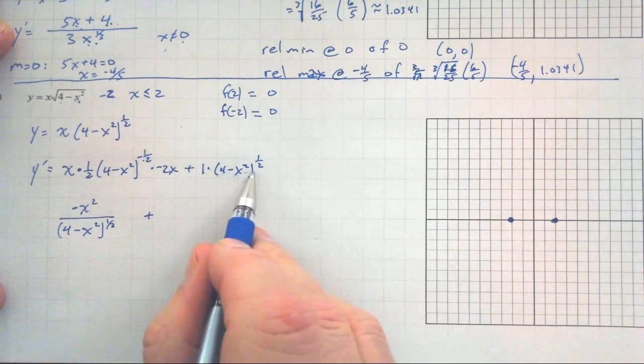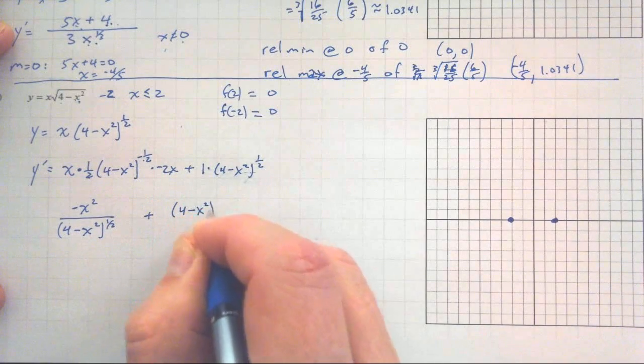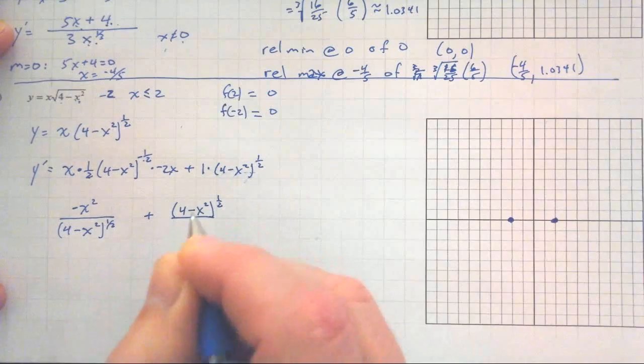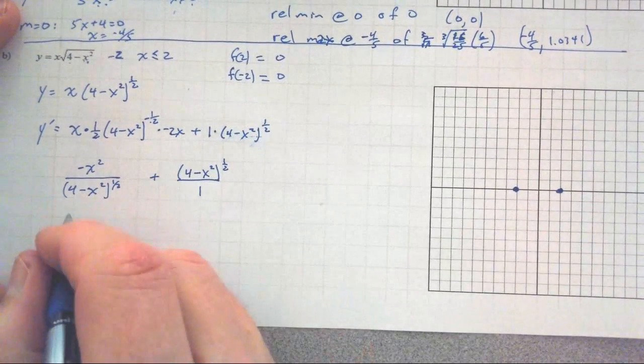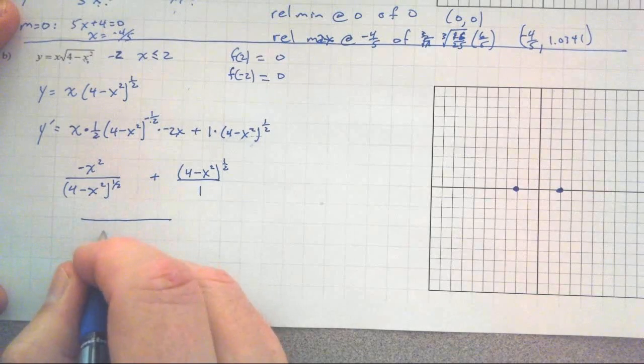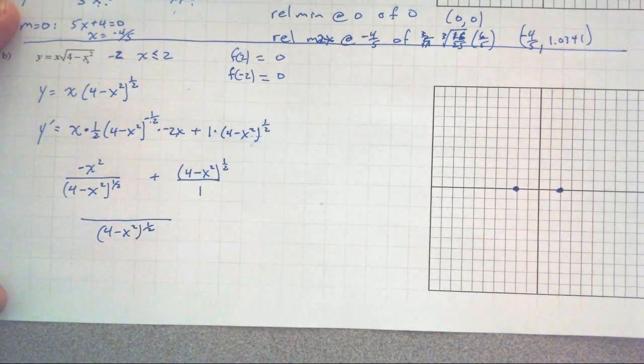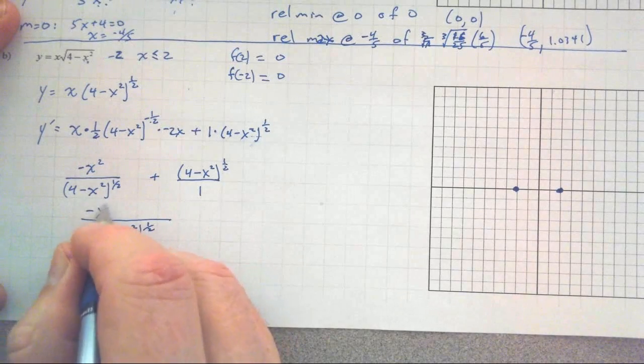Plus everything in the numerator, (4 minus x squared) to the 1/2 on 1. Common denominators. I'm going to get a common denominator here of (4 minus x squared) to the 1/2, or square root of. This was already on it.